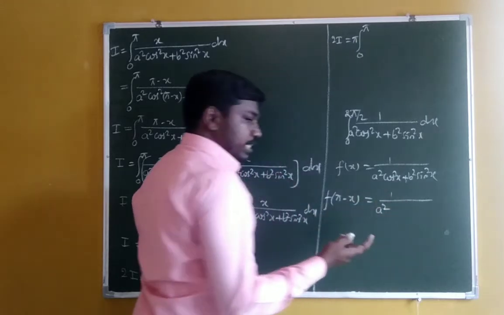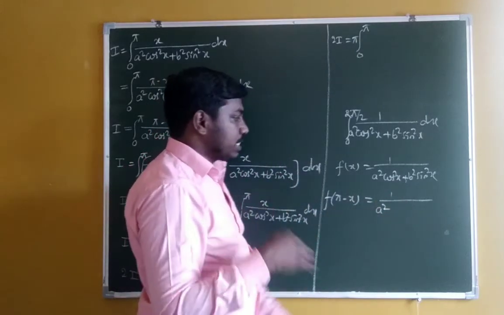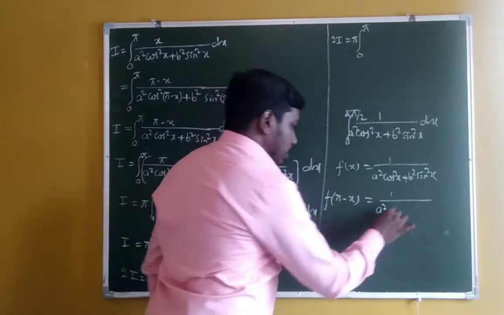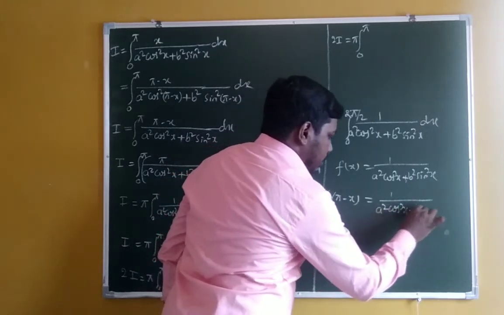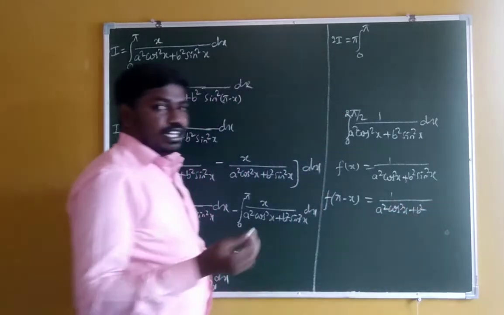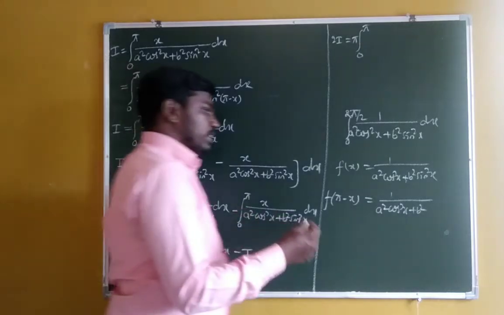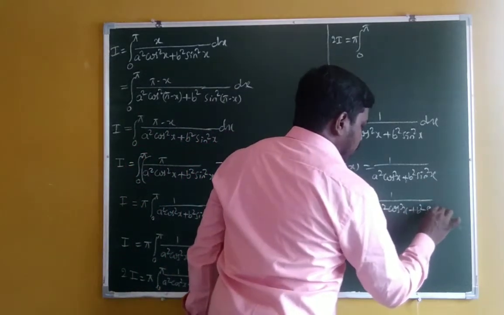Cos of 180 minus theta is minus cos x, whole power 2 gives cos square x, and sin of 180 minus theta is sin x, whole power 2 is sin square x.